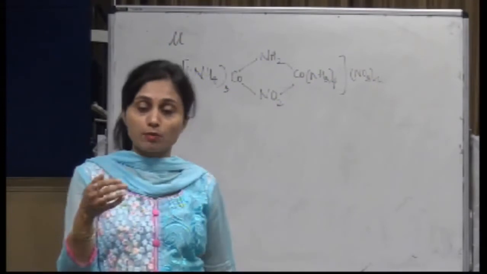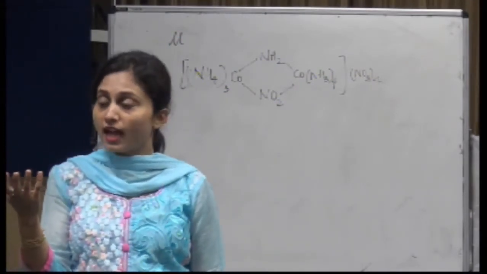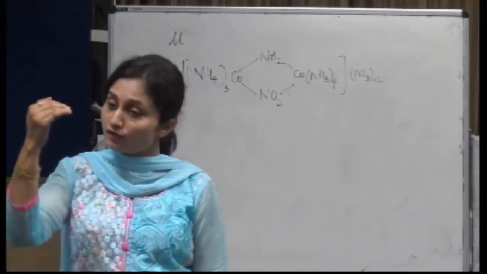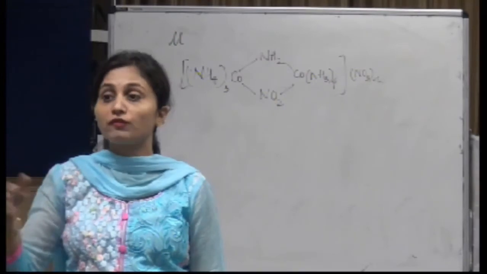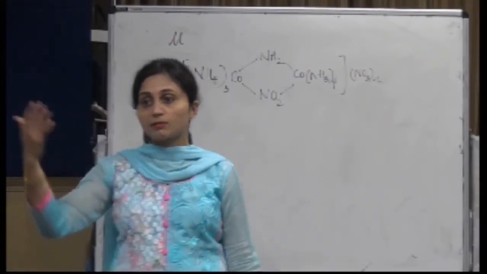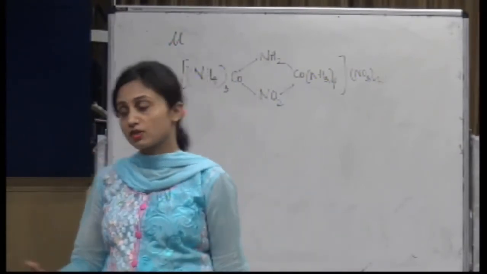And they have a tendency to show variable oxidation states. Because the d block property is that they have small size, high charge density, and low lying vacant d orbitals, and because of the low lying vacant d orbitals they can show variable oxidation states. Variable oxidation states means they can donate 1 electron, 2 electrons, 3 electrons, 5 electrons, 10 electrons, and so on.